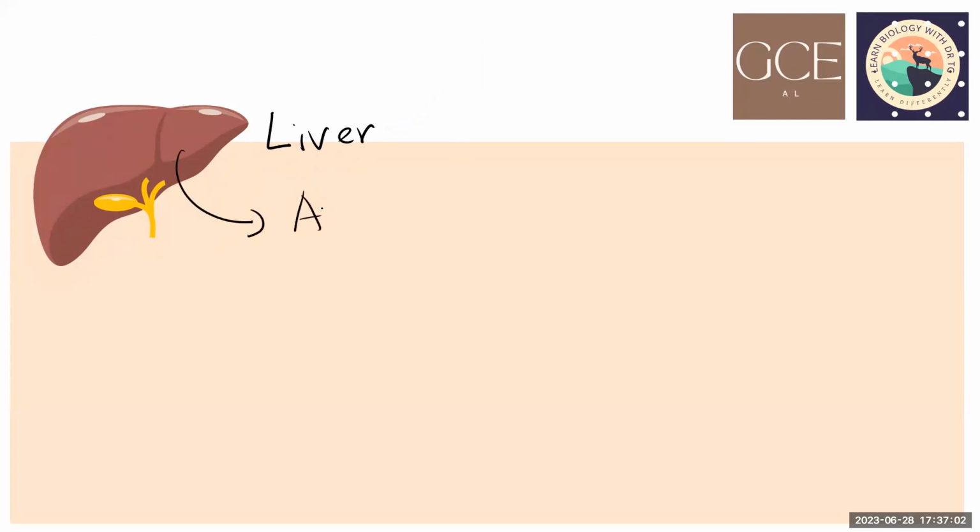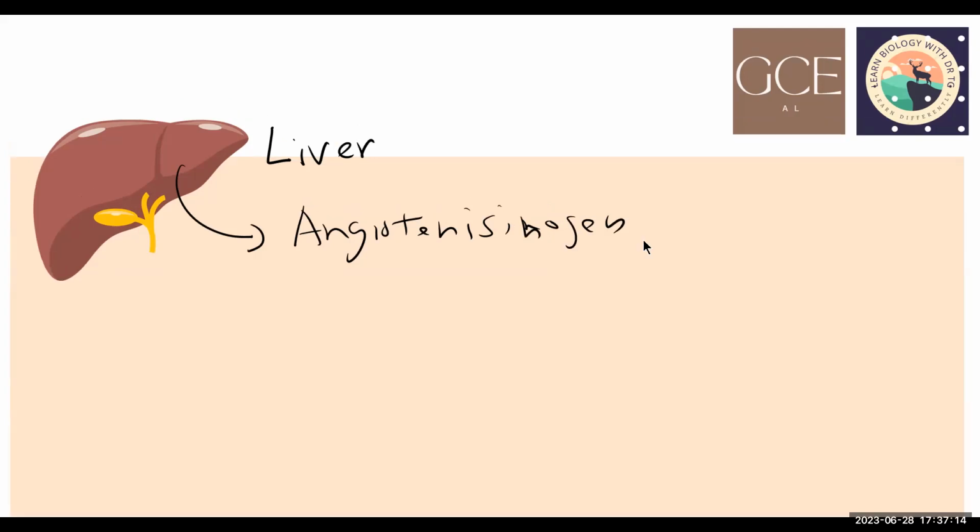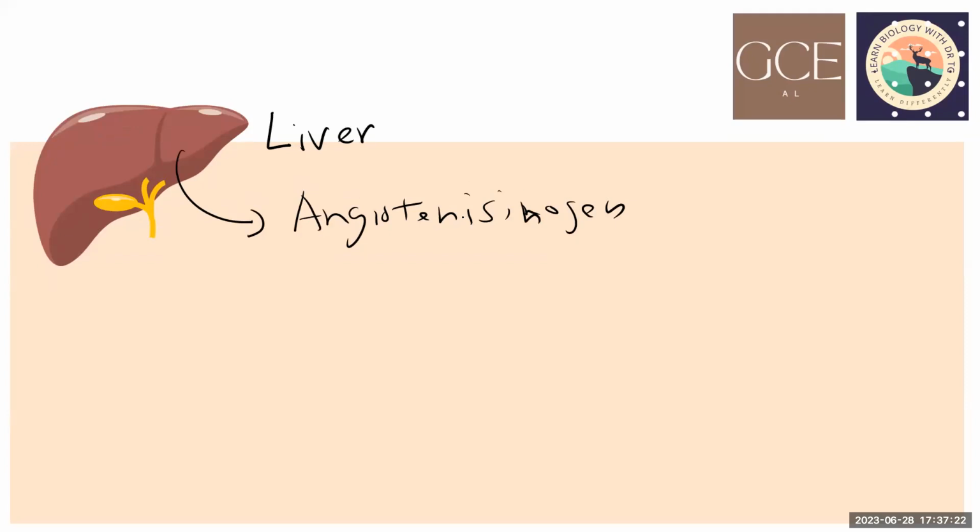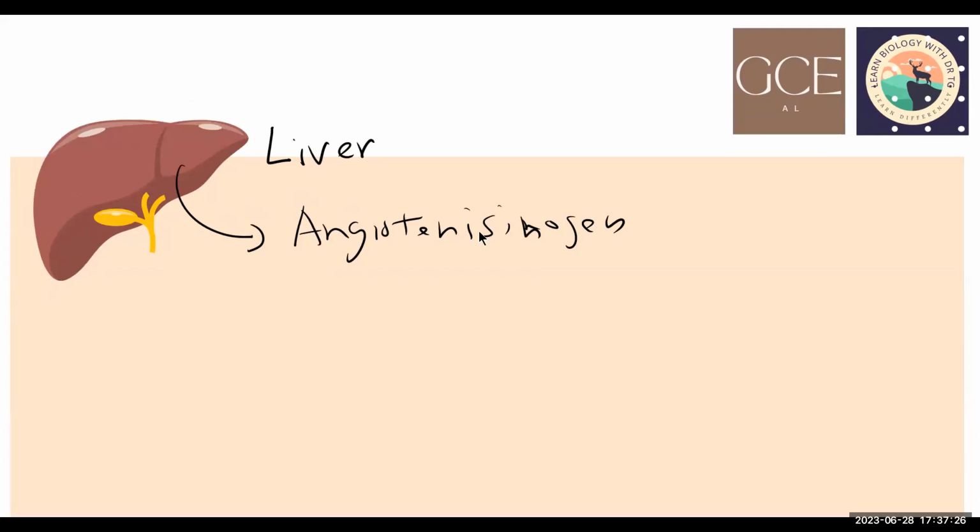This protein is called angiotensinogen. Angiotensinogen is produced by the liver.